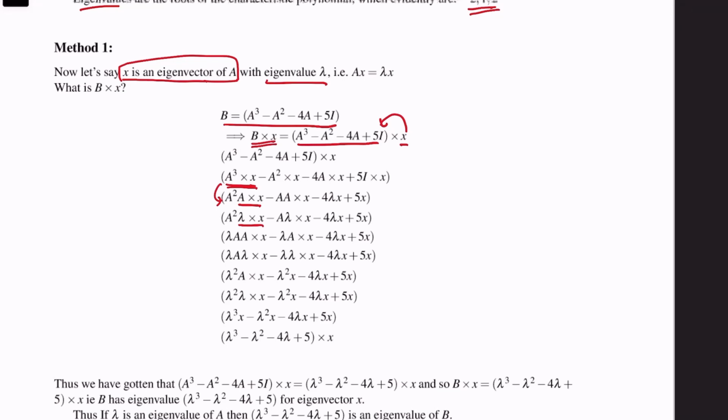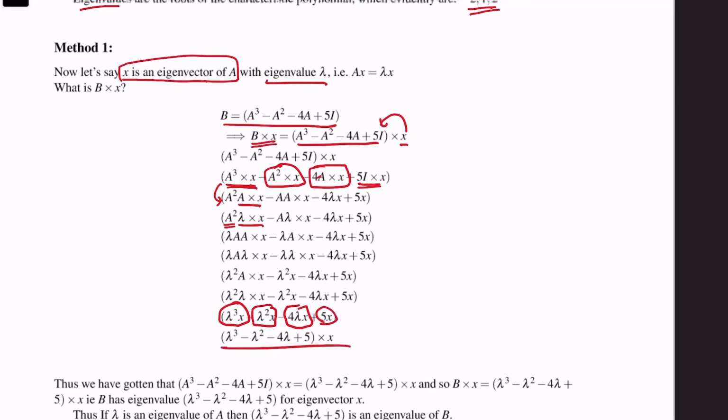Similarly, for every A power here you would get a lambda, so A cubed X simplifies to lambda cubed X. A squared X simplifies to lambda squared X, and 4AX would become 4 lambda X, and I into X is just X, so that's 5X.